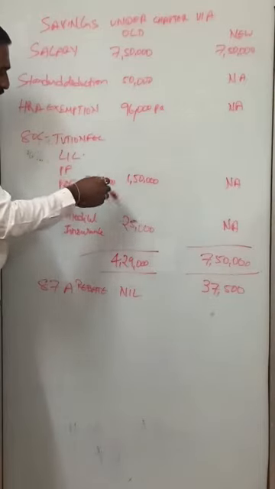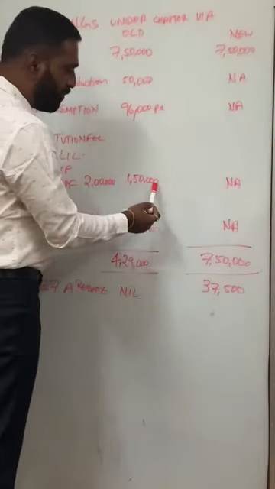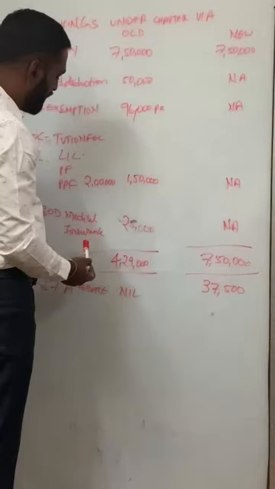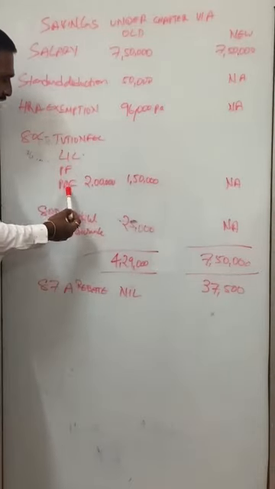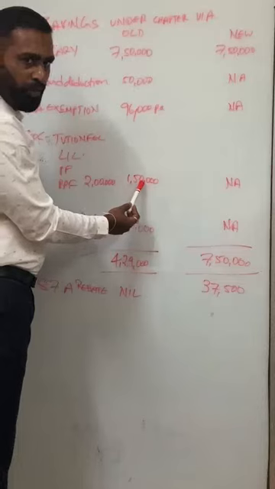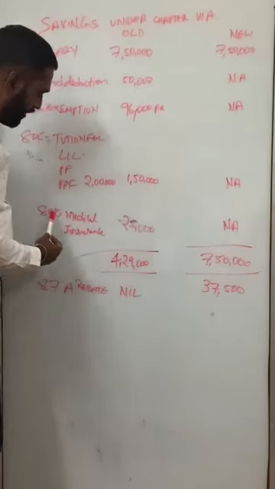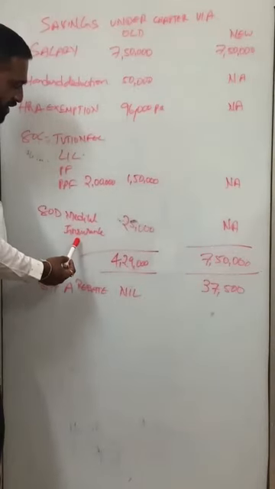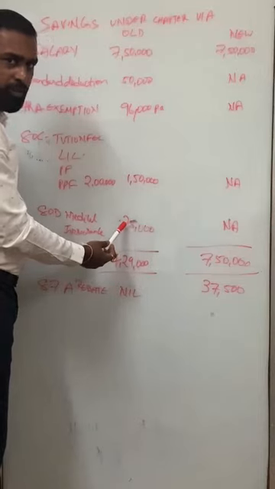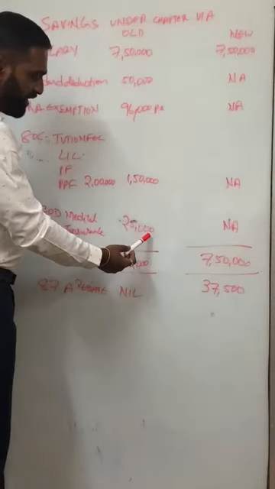All these together have a limit of 1.5 lakhs. Even if you pay 2 lakhs in total, you only get 1.5 lakhs as an exemption. Then 80D, medical insurance policy for self, spouse, and children, is up to 25,000.